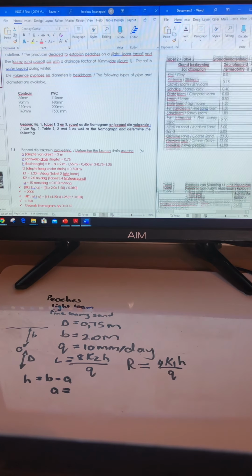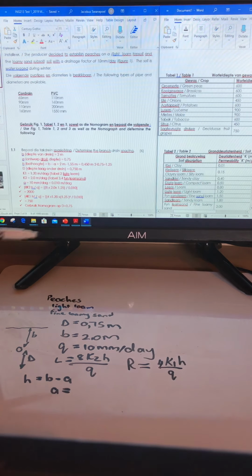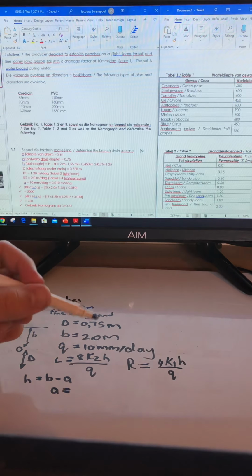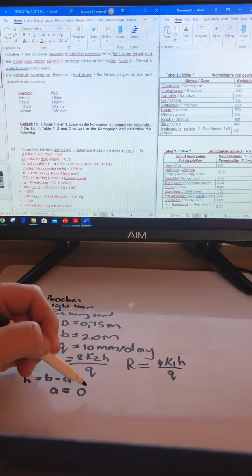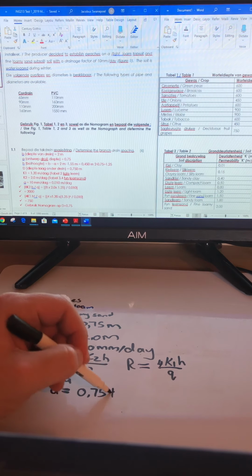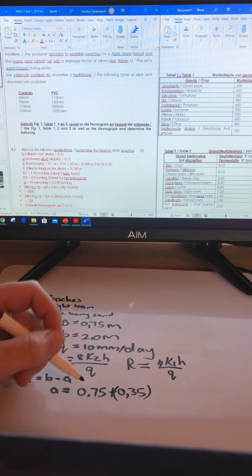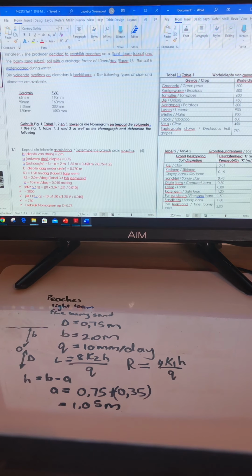If you look at table 1, you can see that peaches fall under deciduous fruit. In terms of root depth, it says that the depth of the roots is 0.75. So that's 0.75 for the root depth, and then you'll add 0.35 to that, which is a constant that you'll always add, and A is 1.05 meters.